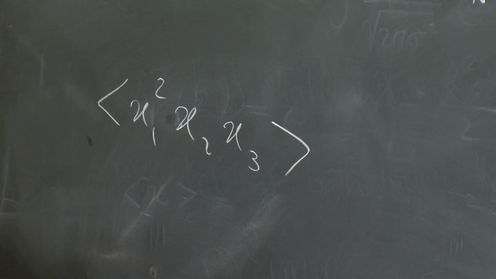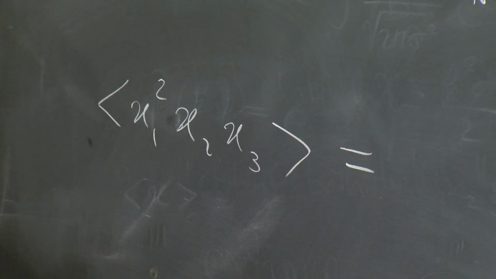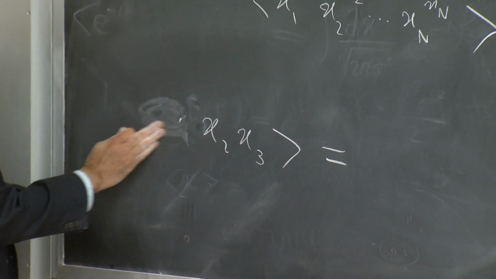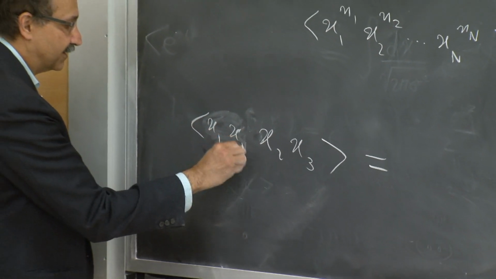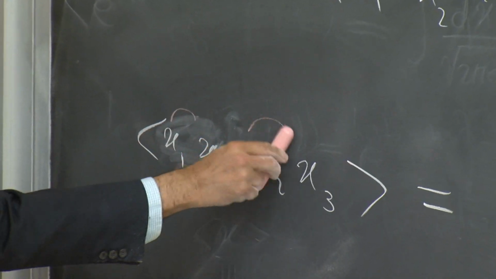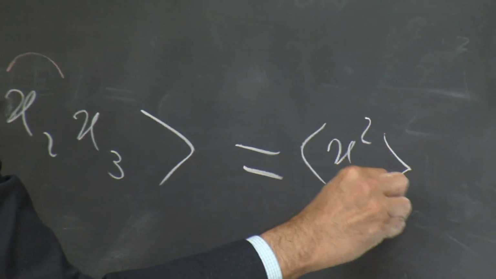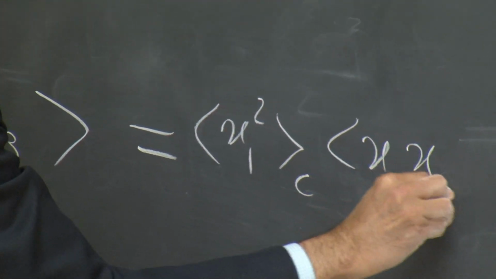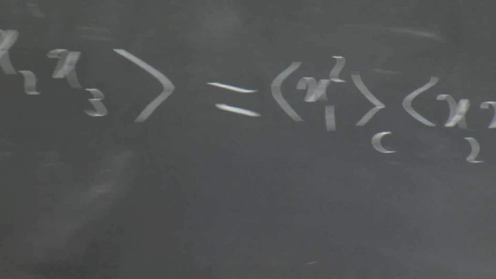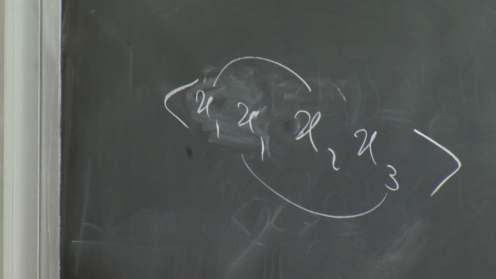then I could imagine putting them into these kinds of diagrams, or alternatively, I can imagine pairing these things in all possible ways. So one pairing would be this with this, this with this, which would have given me <x1 squared>_c <x2 x3>_c. Another pairing would have been x1 with x2, and then naturally x1 with x3.